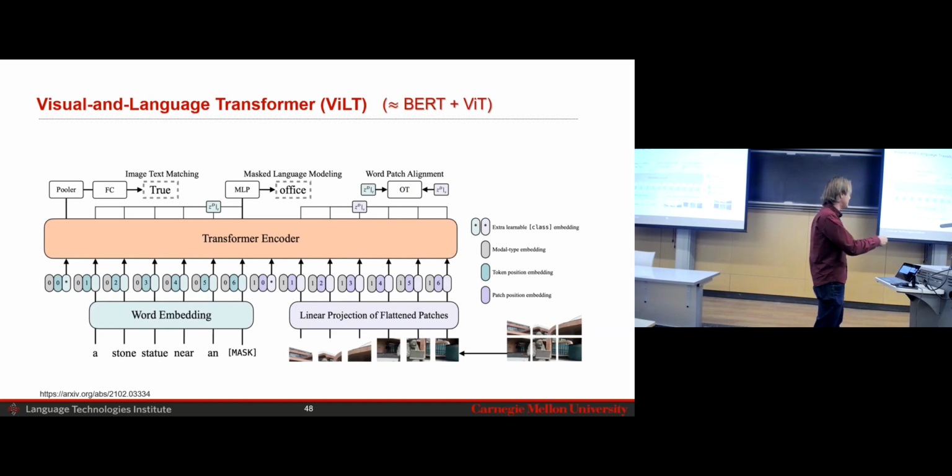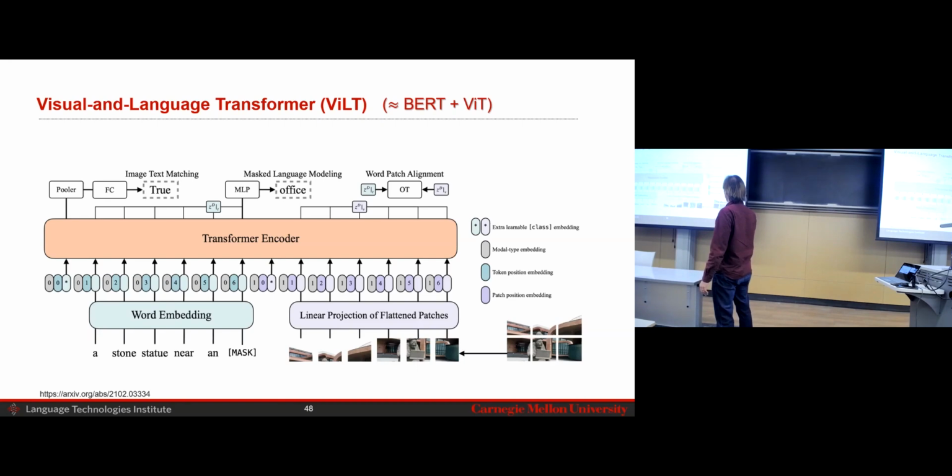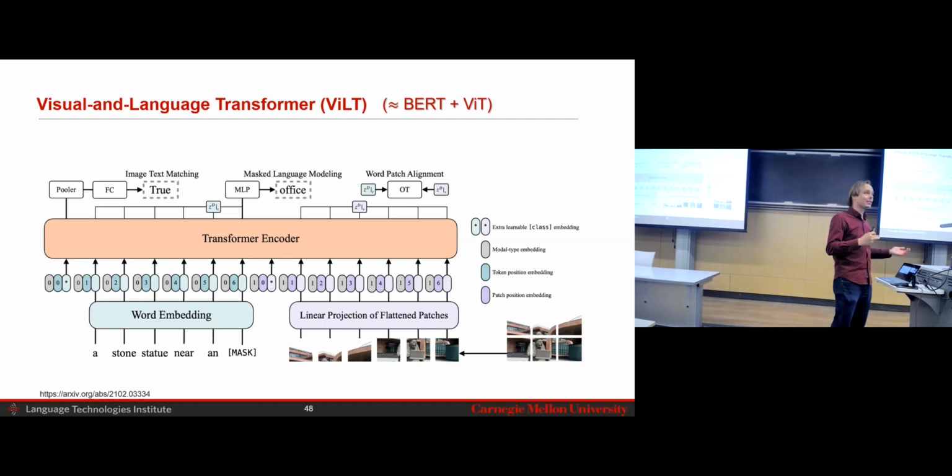So this is BERT. And then this is my ViT, the visual transformer. And so I can put both of them together. I just need to differentiate the modality. Is it an image patch or is it a word patch? So in my embedding, I have an image or a word patch.